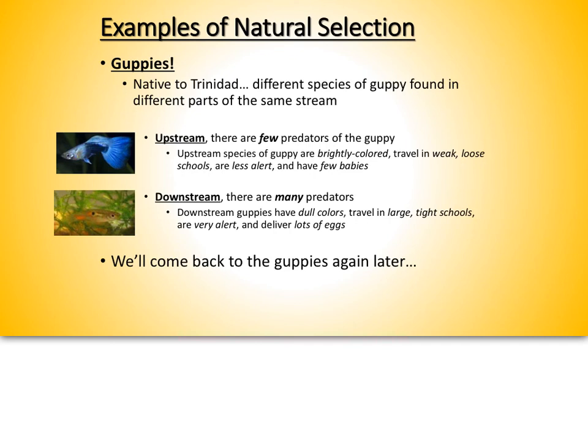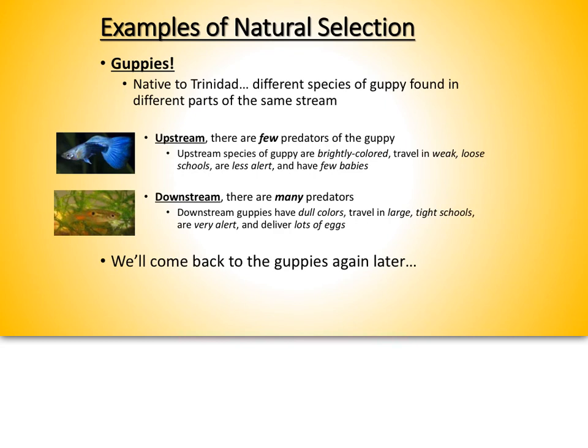Now consider 2 positions, okay? You can have upstream, and at upstream locations there are very few predators that might kill one of these guppies. The alternative is to be downstream, where there are tons of larger fish and big predators that would try to eat these fish.